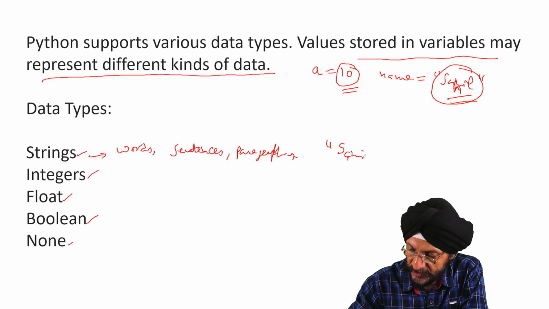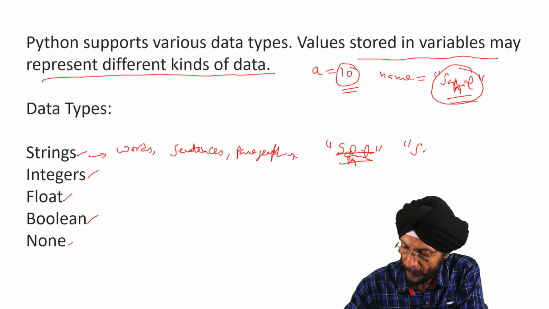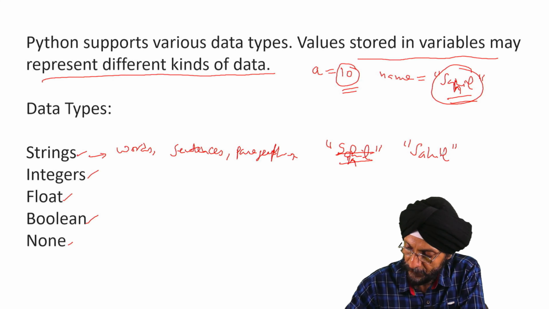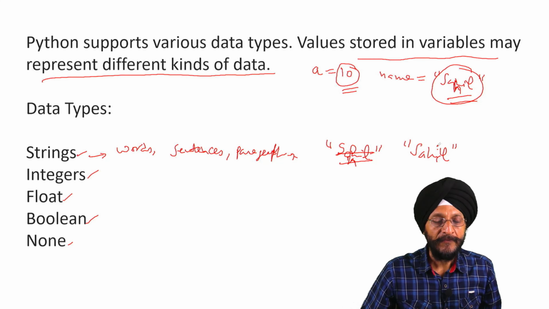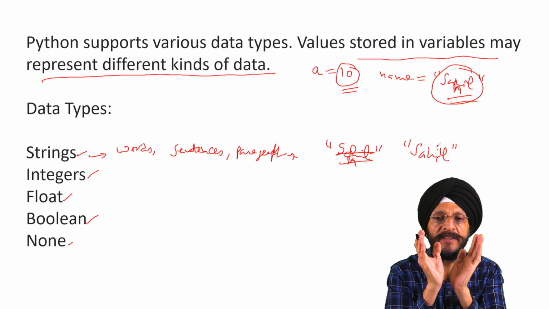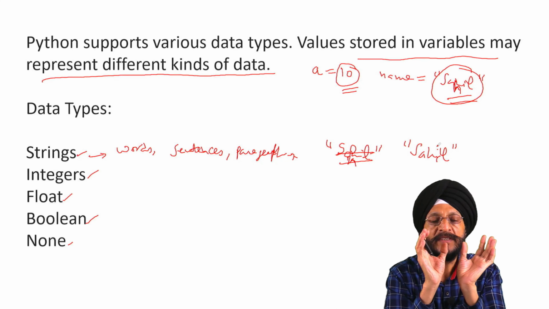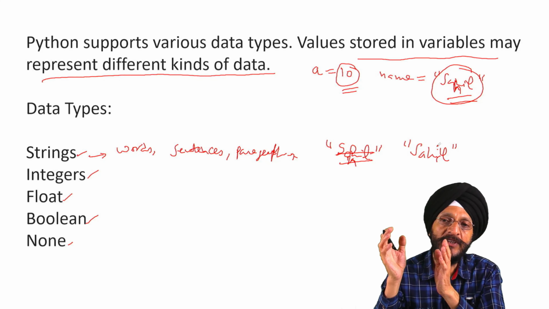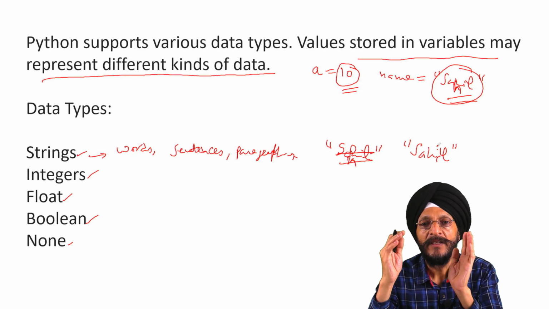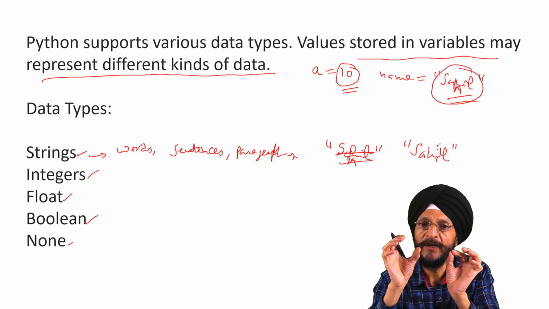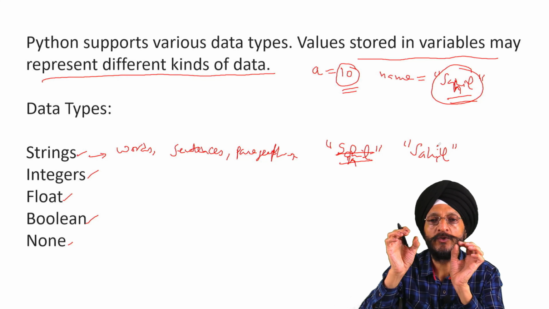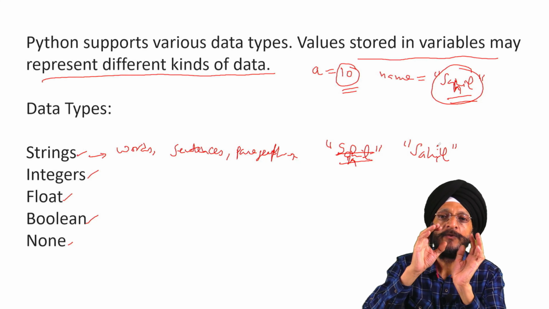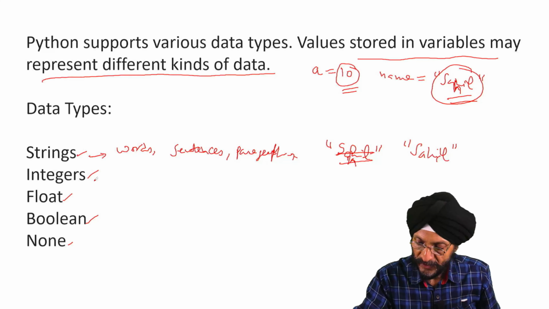For example, Sahil. Whenever we are creating a variable name, with name is equal to, and after that we write the name Sahil, this has to be shown in between the double quotes, single quotes, or triple quotes. Preferably we should use double quotes.